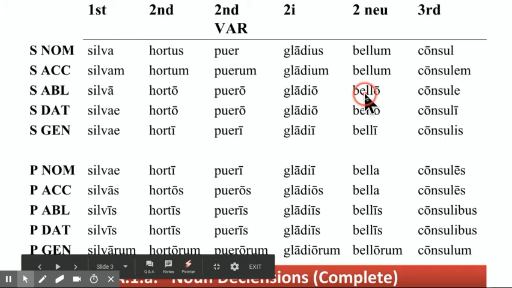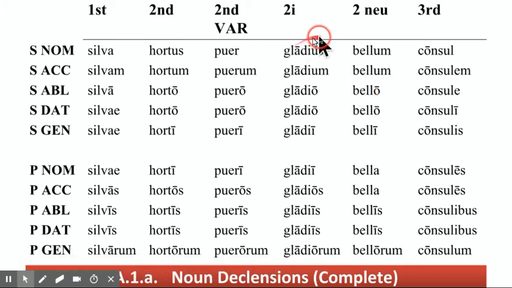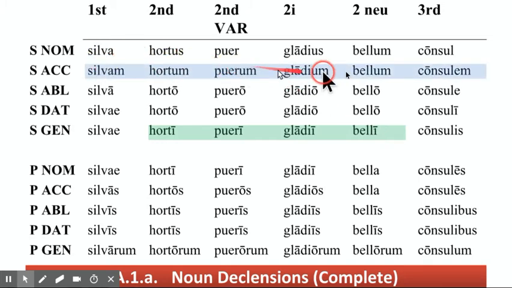Let's start with chunking. So instead of remembering, what would this be, 60 forms? You don't have to do it that way when you chunk and you realize the singular genitive all has that long I. The accusative singular all has that M ending. The ablative and dative singular all have that O ending, so we've just elongated the chunk.